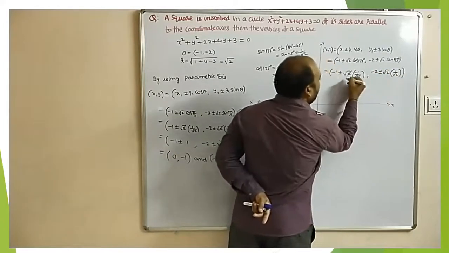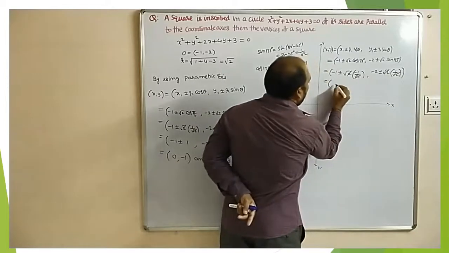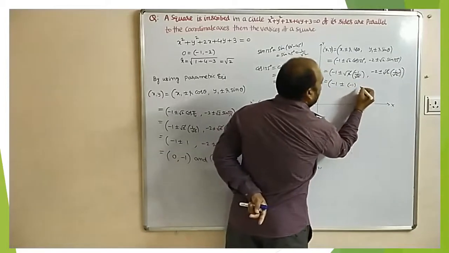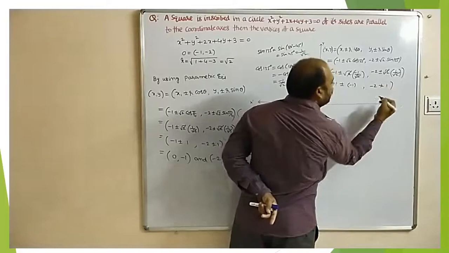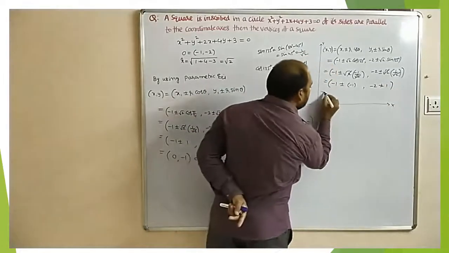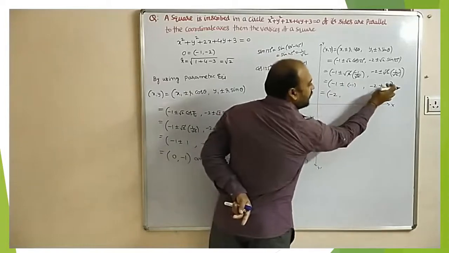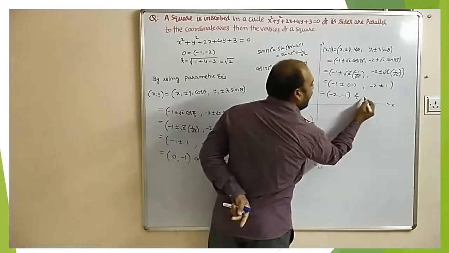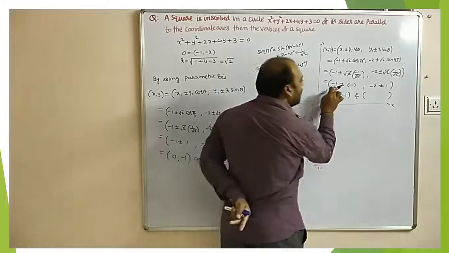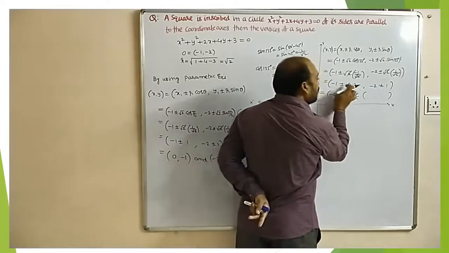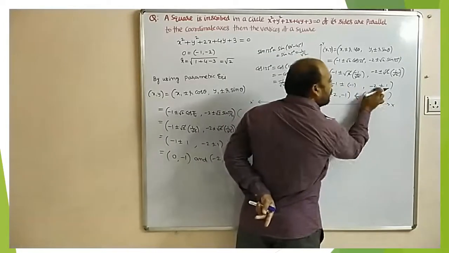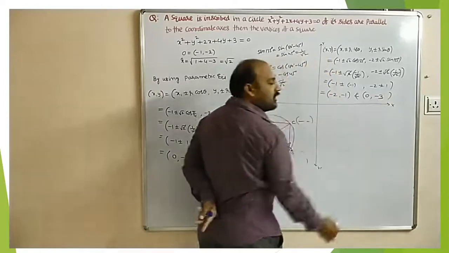Root 2 gets cancelled here also. Minus 1 plus or minus minus 1, comma minus 2 plus or minus 1. So if we consider plus here, minus 1 plus minus 1 becomes minus 2, minus 2 plus 1 is minus 1. And minus 1 minus of minus 1 is plus 1, so minus 1 plus 1 is 0. So minus 2 minus 1 is minus 3.